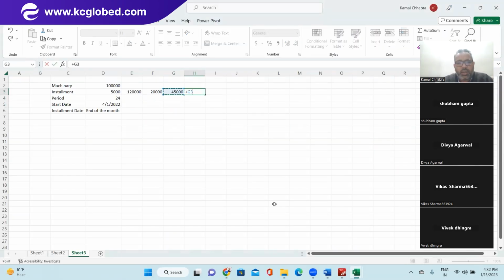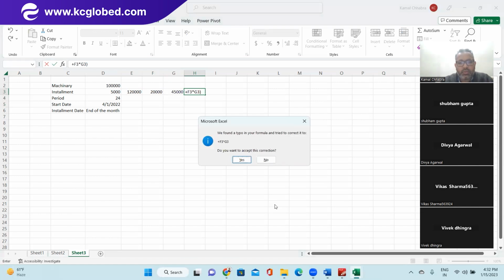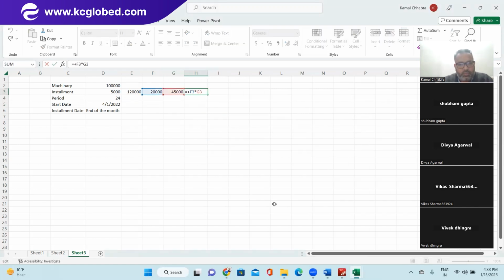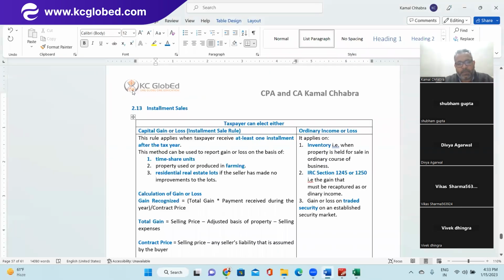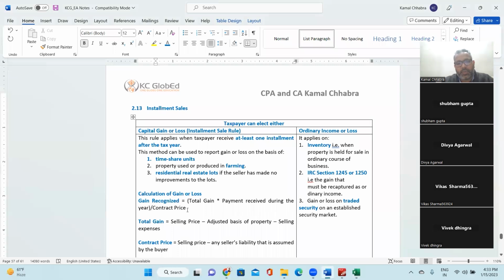So what is the formula? Total gain multiplied by installment received divided by contract price.